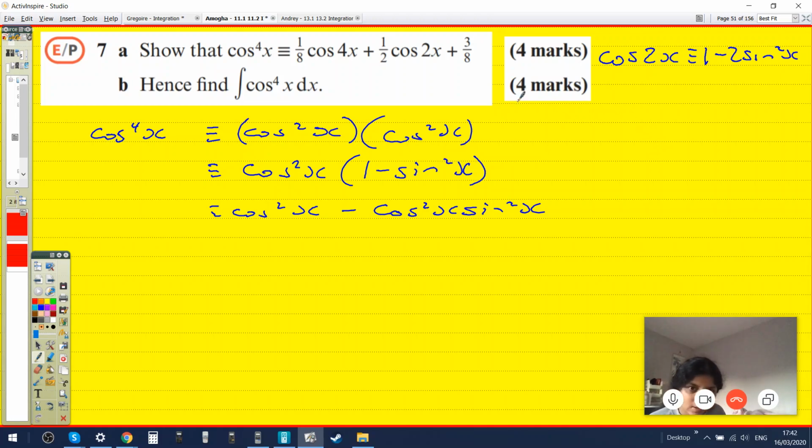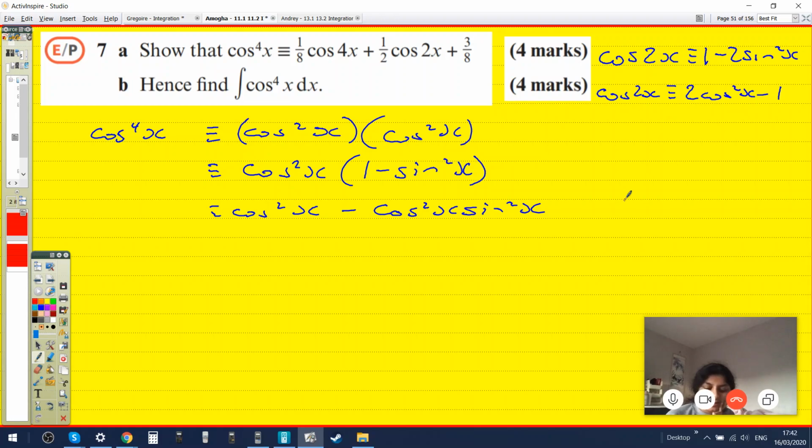So we know that cos 2x is 1 minus 2 sine squared x, but we don't have that. We also know that cos 2x is identical to 2 cos squared x minus 1.